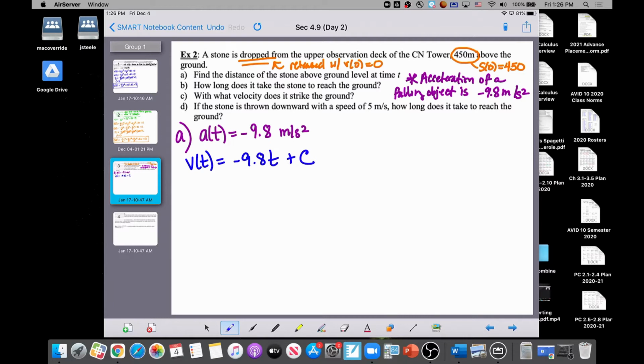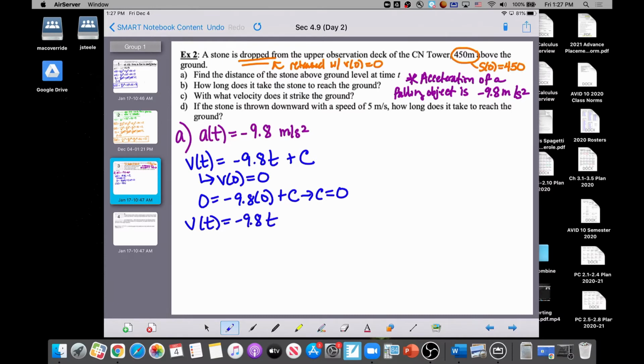But we know that v of 0 is 0. The initial velocity is 0 because the stone is just dropped. It's not thrown. So 0 would be equal to negative 9.8 times 0 plus c, which tells us that our c value is 0. So that means that our velocity function is just negative 9.8 t.